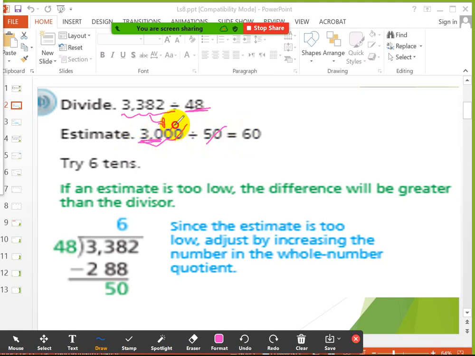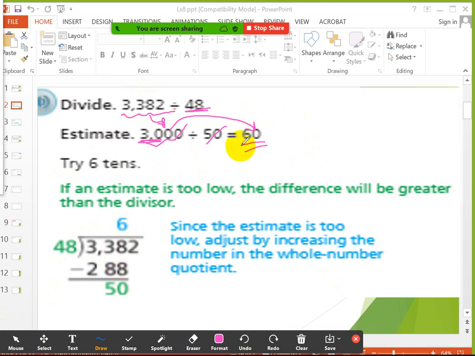And you have one 0, so I will put it next to the 6, so it will be 60. So the answer is 60, okay? When you want to divide this number, you will use this estimation, right? So when I find the estimation equals 60, sometimes you can use this.